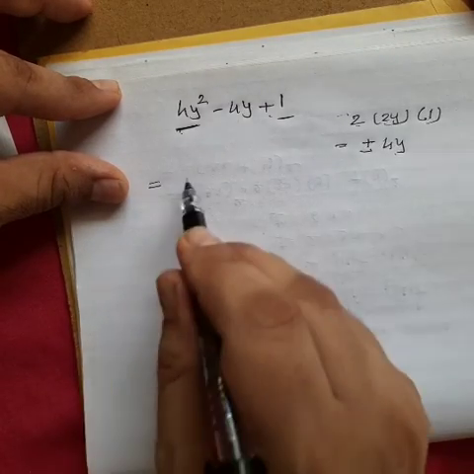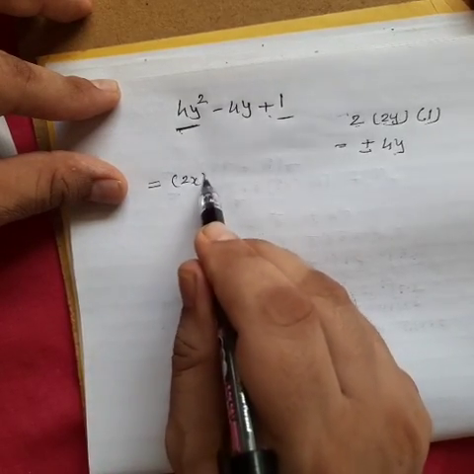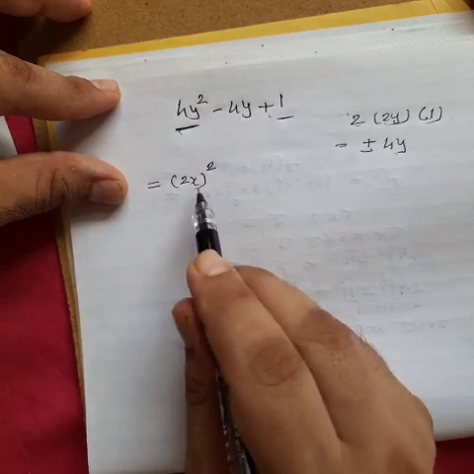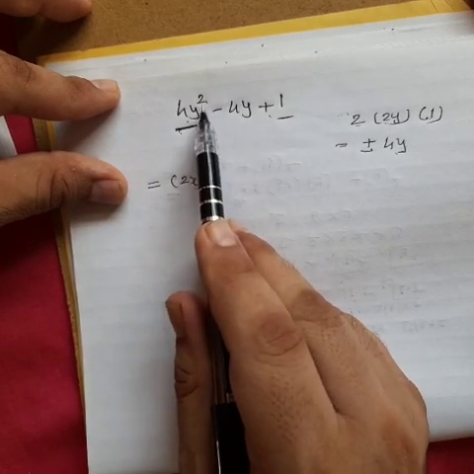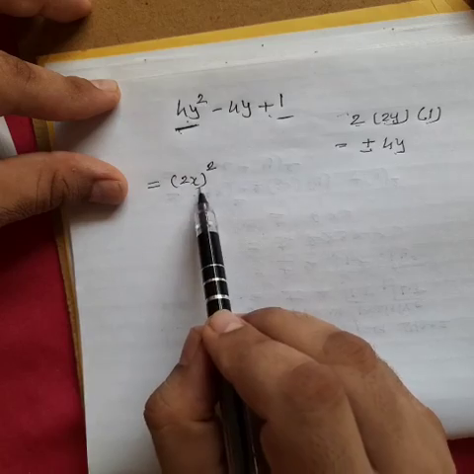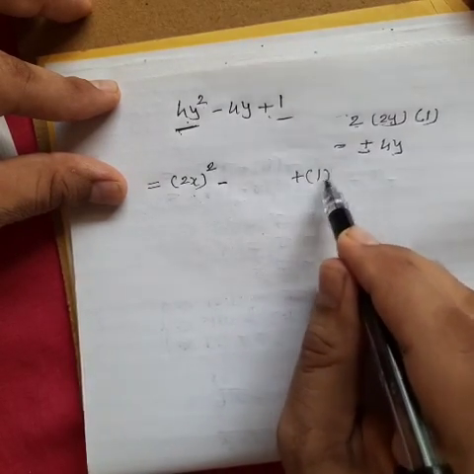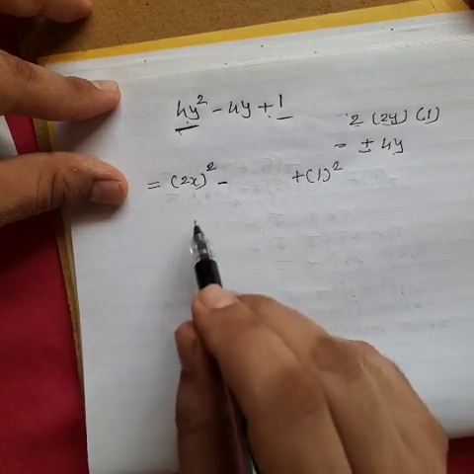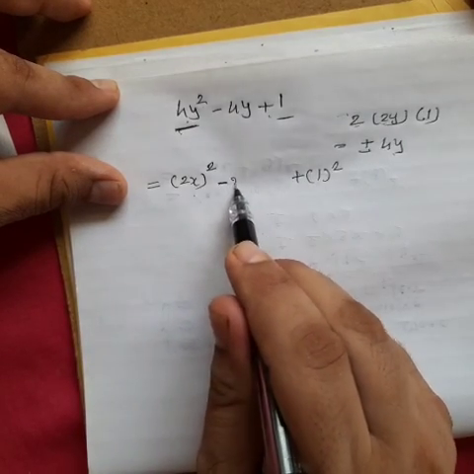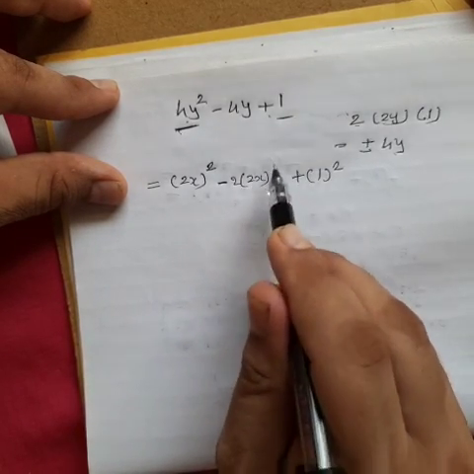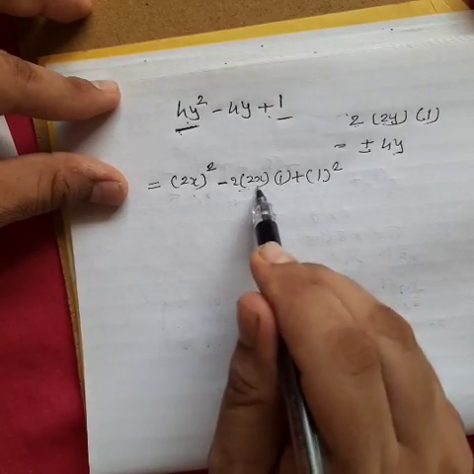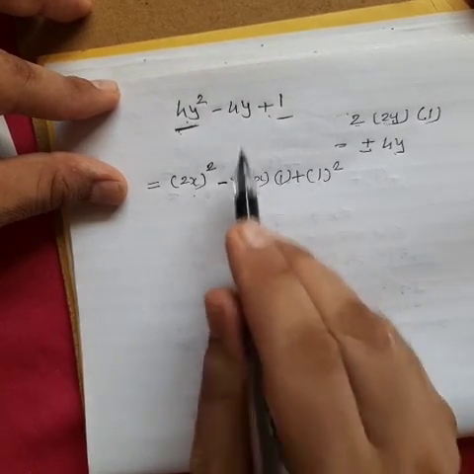Now you know how to do it. Square of the square root of the first term, that is 2y. So here I write 4y square in the form of 2y whole square minus the square of the last term, that is 1 whole square. And the midterm is 2 into the first, that is 2y into 1, so 2 times 2 is 4y into 1, 4y.